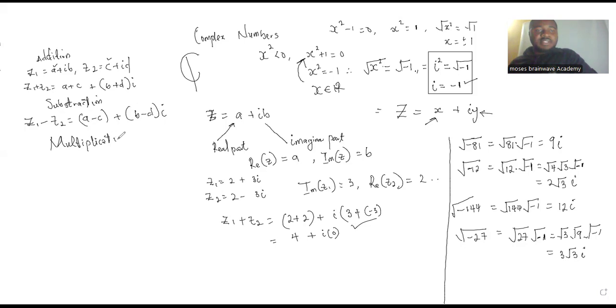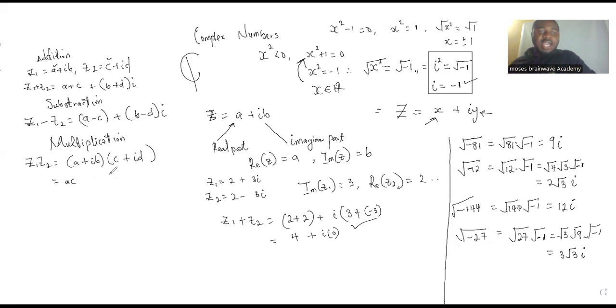Multiplication of complex numbers, right? To multiply complex numbers, I can have Z1 multiplying Z2. Then we're going to have a plus ib multiplying c plus id. Fantastic. So here, let's do them pairwise. You have a multiplying c, so you're going to have ac.